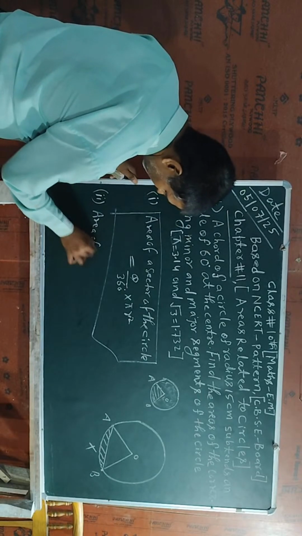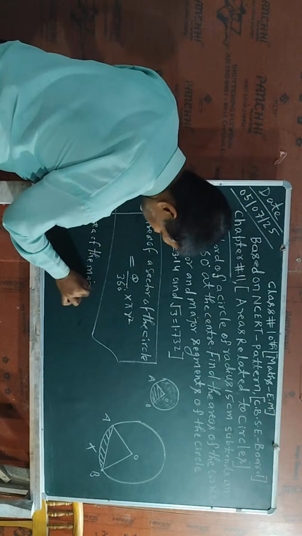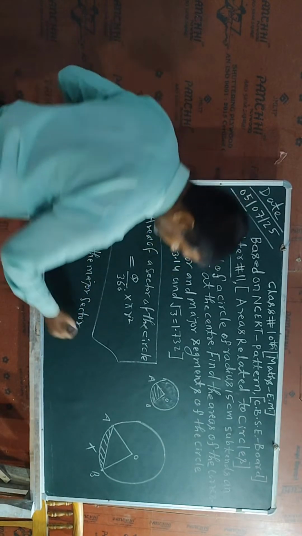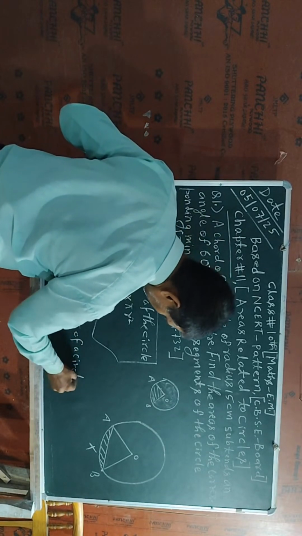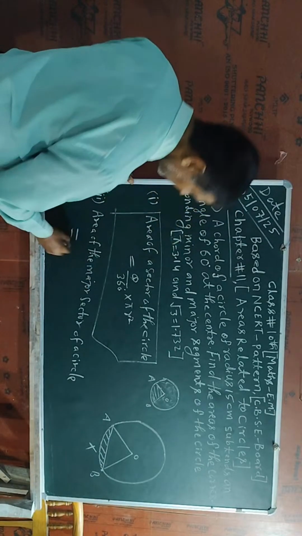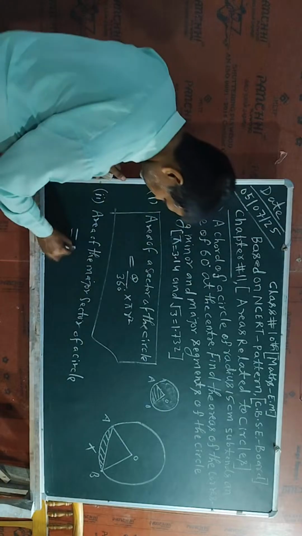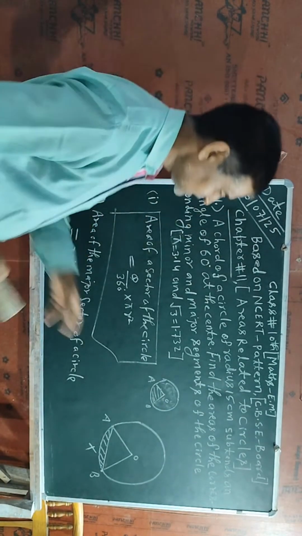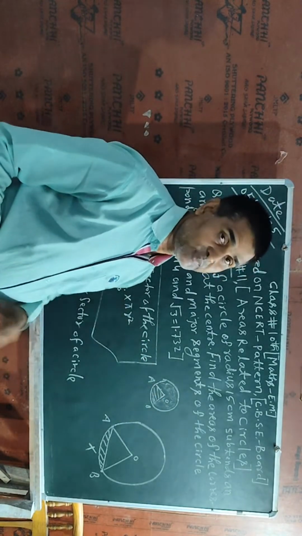Area of the major sector of a circle is equal to, this circle has area pi r squared, so I will subtract this area A O B A, meaning the area of the minor sector.